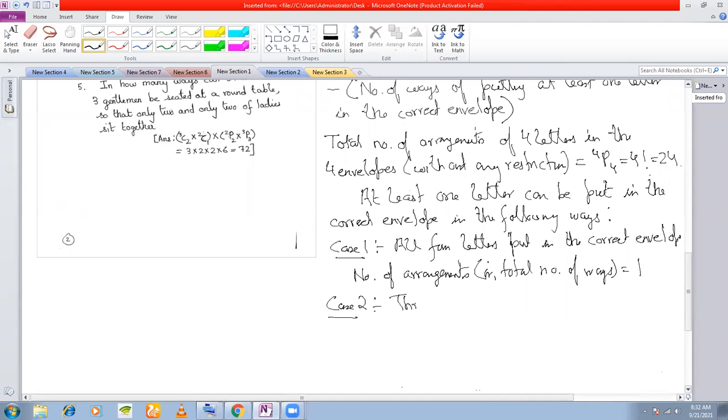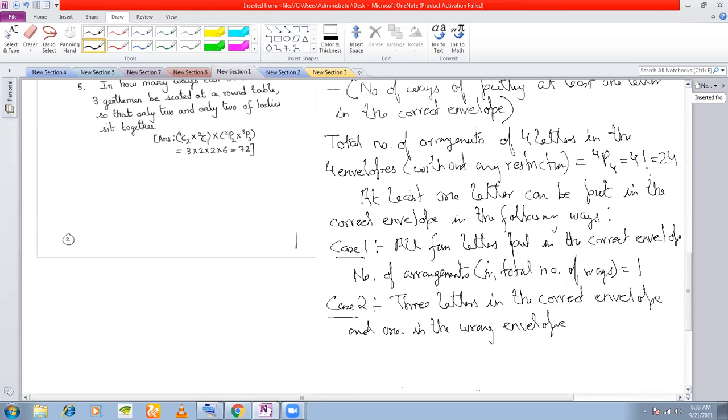Case 2. Three letters in the correct envelope and one in the wrong envelope. Is this case possible? Common sense.